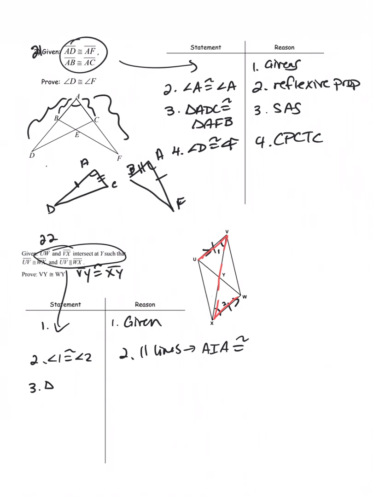All right. My Z is still intact. I need to do vertical angles here. I'm going to call them 3 and 4, though, to make my life easier. So angle 3 is congruent to angle 4, and that is because vertical angles are congruent.